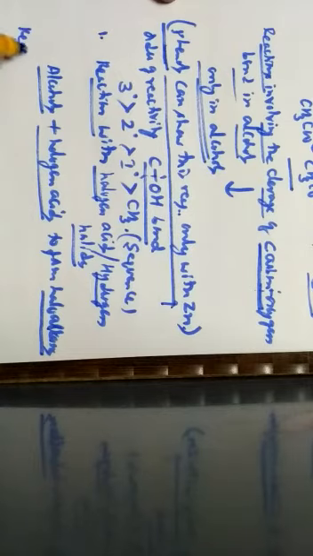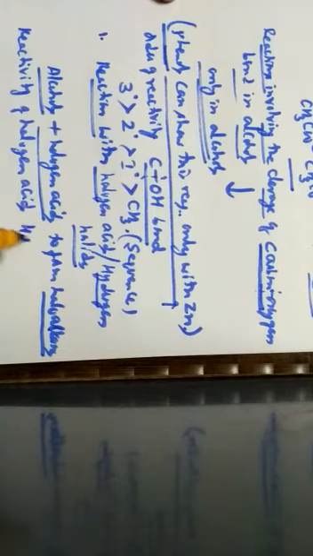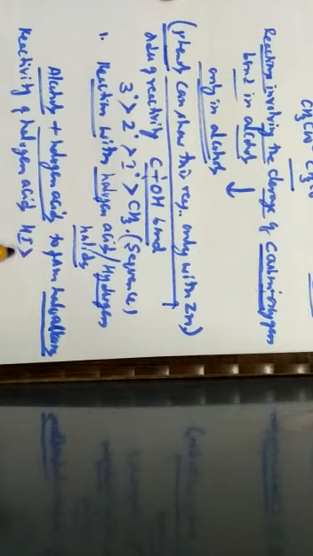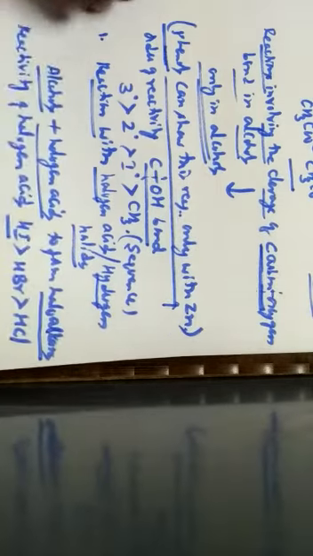When we consider the reactivity of halogen acids, hydrogen iodide is more reactive than hydrogen bromide, which is more reactive than HCl. So this is the reactivity with reference to halogen acids.